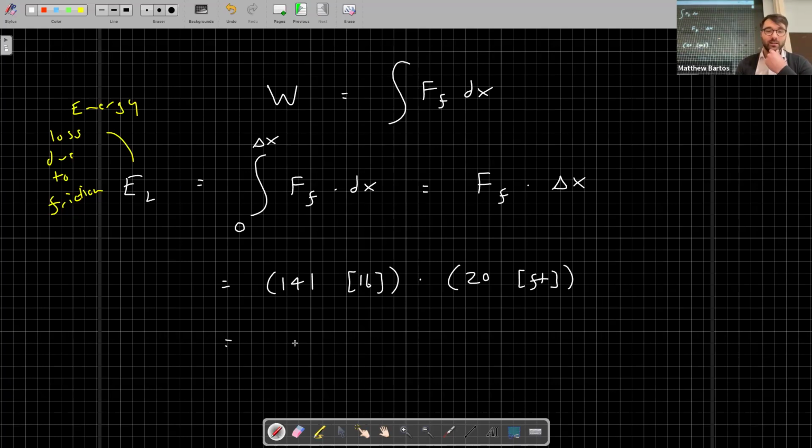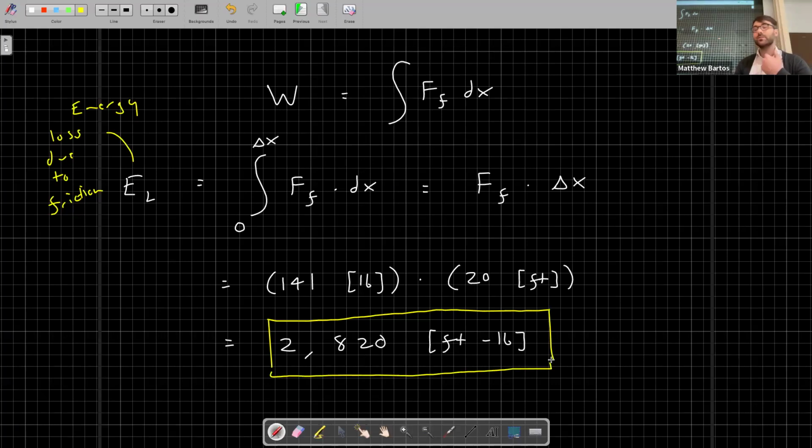And what we end up with is a frictional energy loss of 2,820 foot-pounds. Okay, so we could determine the energy loss associated with the frictional force by integrating that force over some length of our control volume.